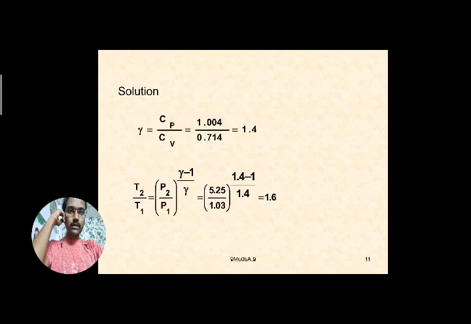Already you know the values of P1 and P2, so it is 5.25 by 1.03 whole to the power of 1.4 minus 1 by 1.4. So the T2 by T1 ratio of temperature values is equal to 1.6.